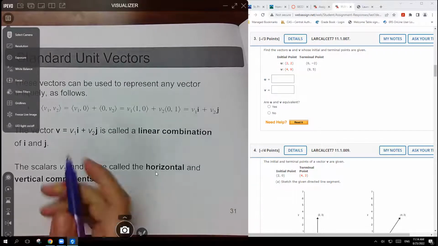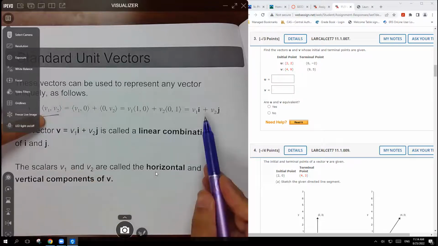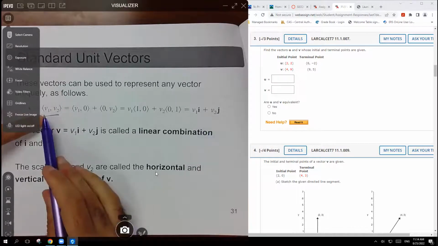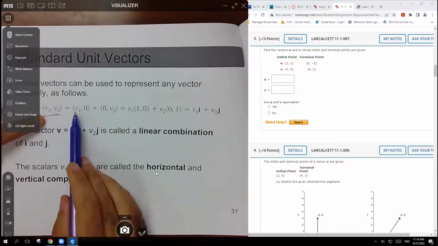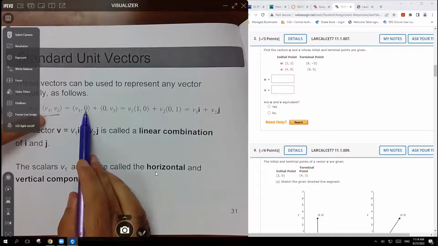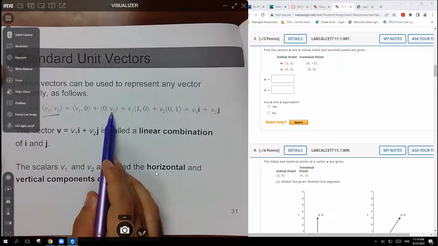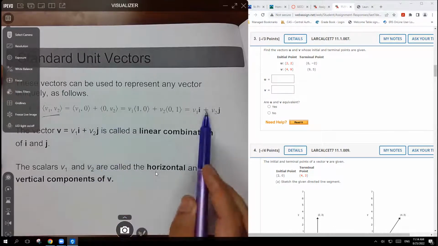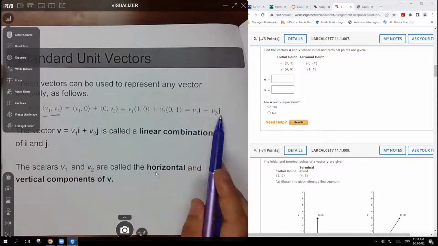So it's going to be v1 times i plus v2 times j: v1 times 1 and 0 times v2, and v2 times 1 with the j.